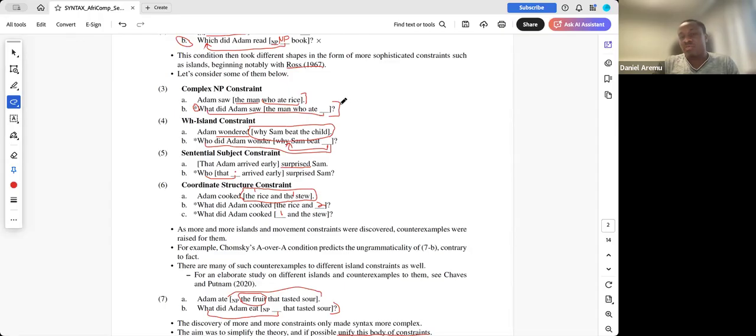And in fact, it would be maybe surprising if we find a child always producing such a construction like 3B, because, I mean, what did Adam saw the man who ate? For example, if the child does that, that is possible, but it doesn't show much.